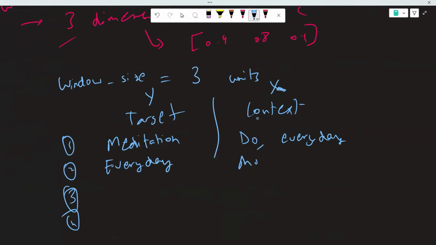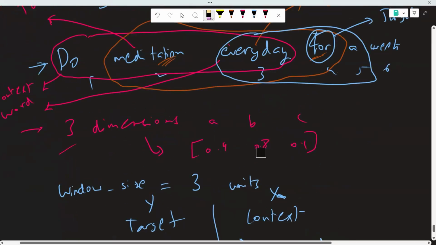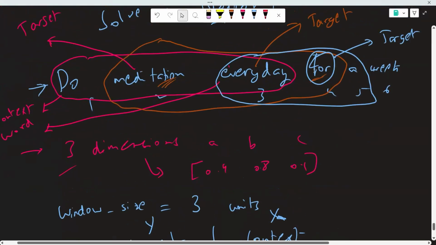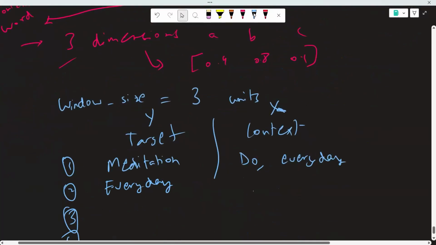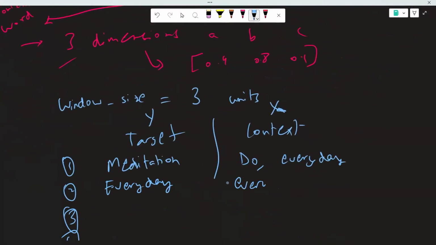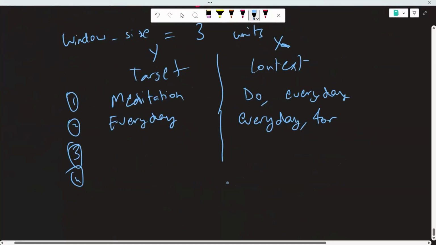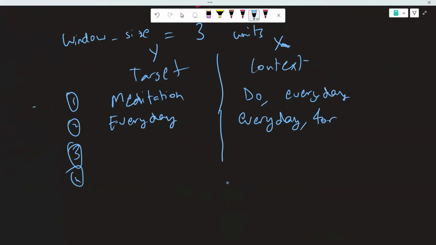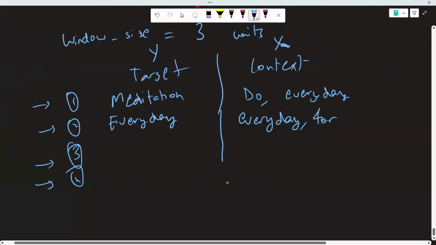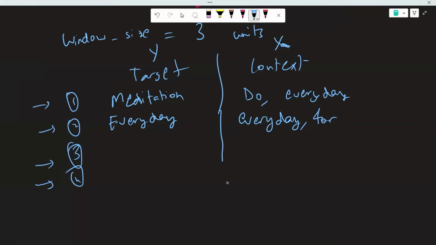And context was meditation and for. Okay, and we'll keep doing this till the end of the sentence. I won't write the complete thing for now, but once we have all the target and x variables defined, this is ready to be taken as an ML problem. We will see how we want to handle this.